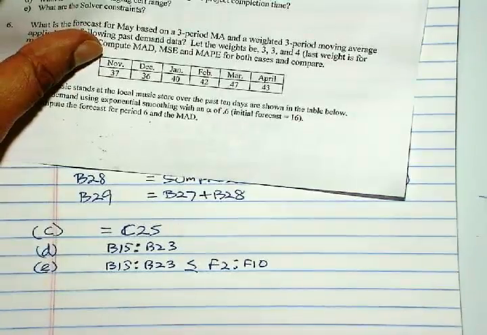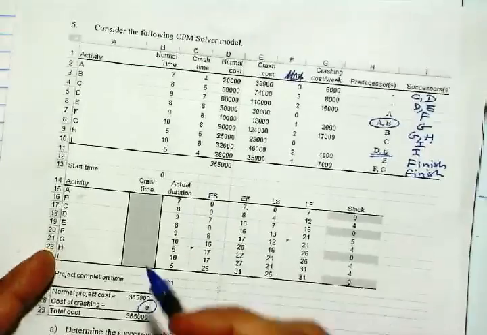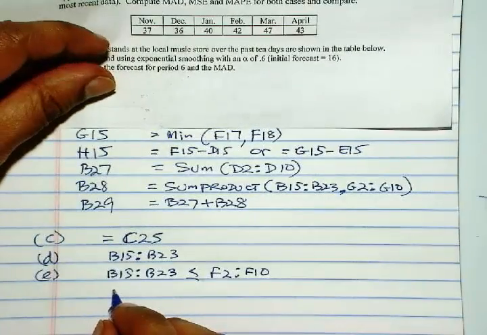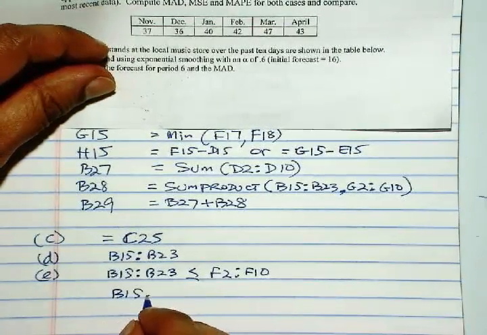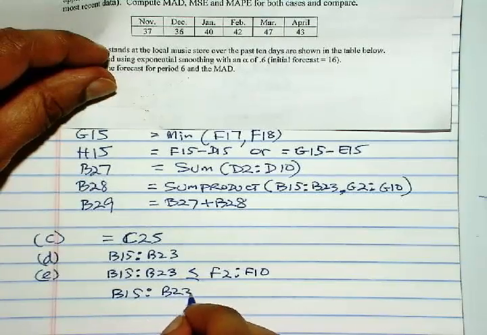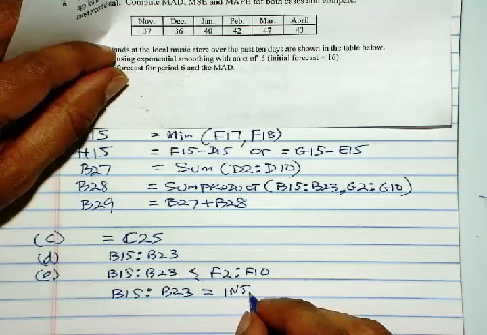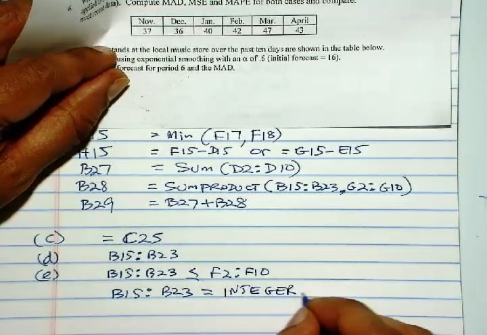Then optionally we can require the crashing time to be integer. So we can say B15 through B23 equal to integer, and this is optional.